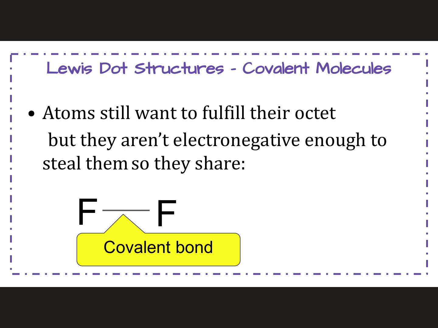Atoms that show covalent bonding still want to fulfill their octet, but instead of transferring electrons from one atom to another, they're going to share those electrons and form a covalent bond.